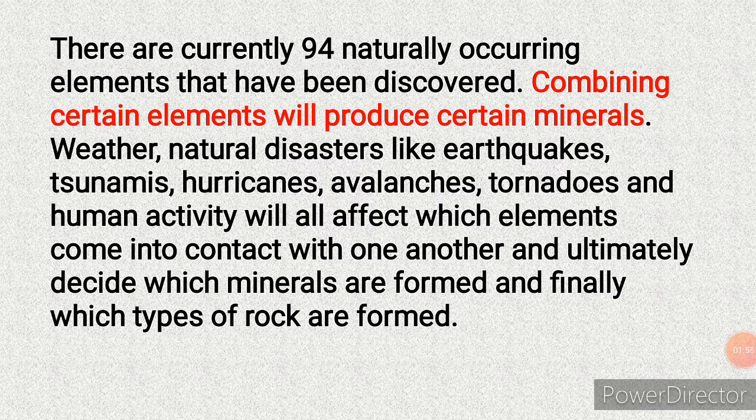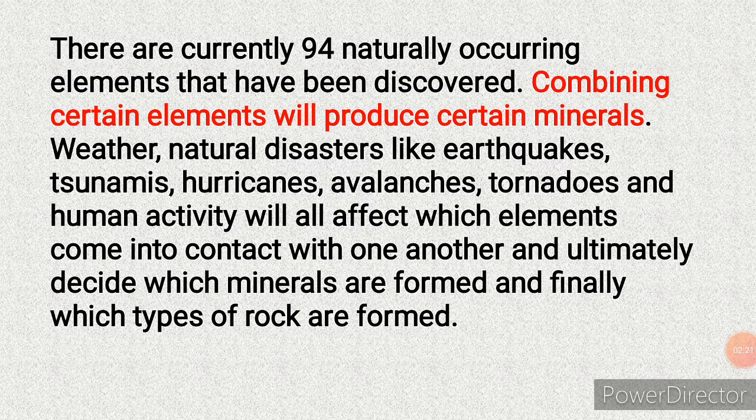If we combine certain elements, it will produce minerals. What actually causes the formation of these minerals? Whether natural disasters like earthquake, tsunami, hurricane, avalanche, tornadoes, or human activities, they always affect which elements come into contact with one another.